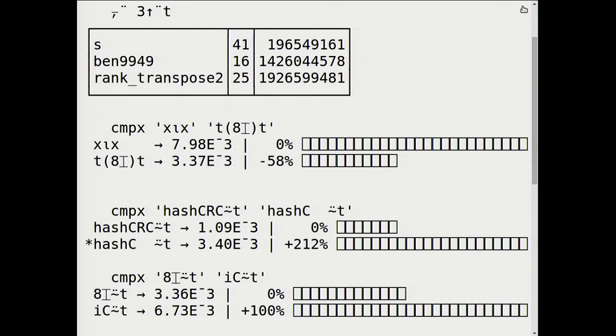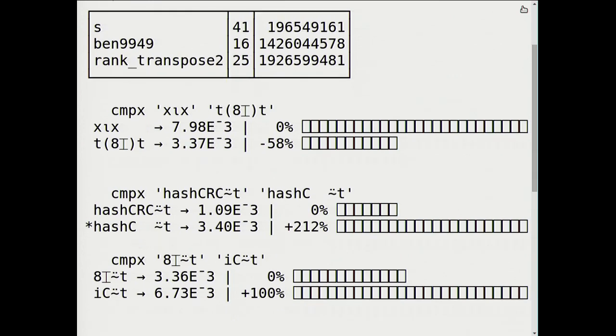So it's a factor of 3 faster using the CRC instruction versus the C-coded hash. And I also have inverted table using the C-coded hash, and it's faster by a factor of 2.